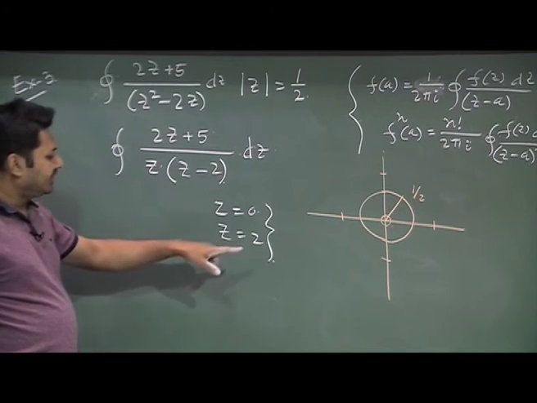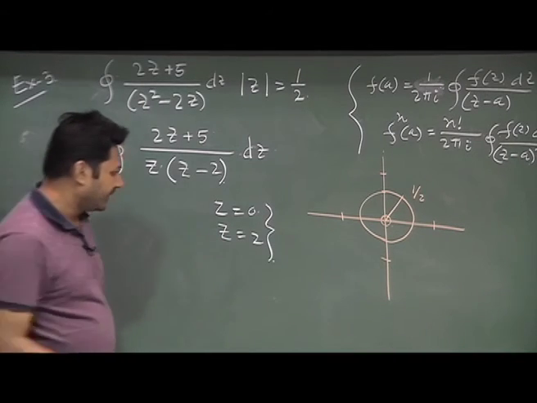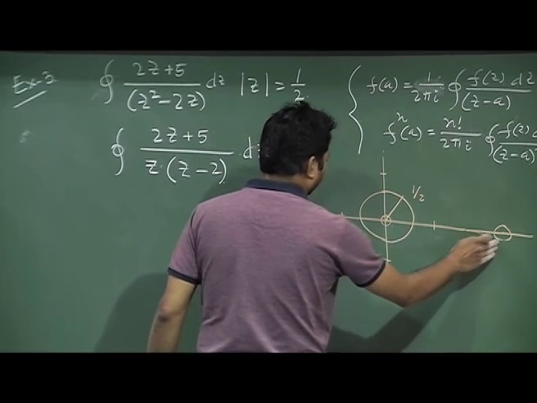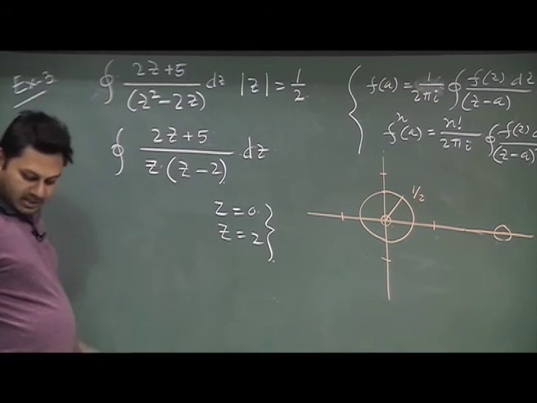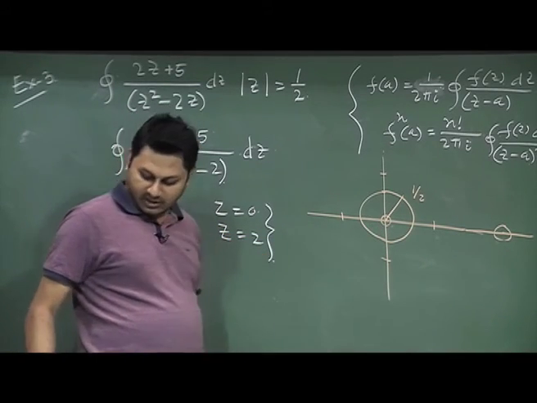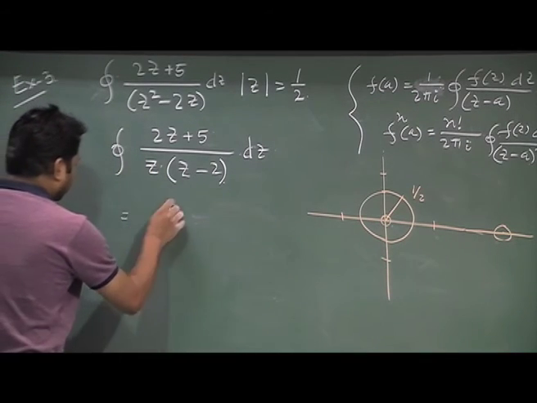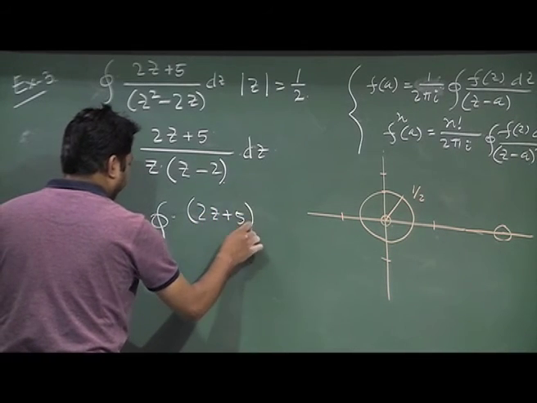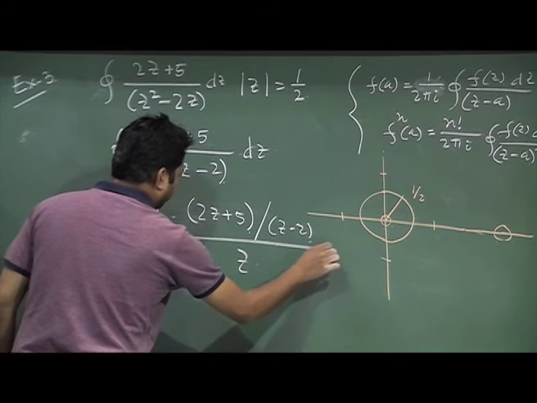But my region suggests that the z equal to 2 point is outside, somewhere here, because this is 1. So it is well outside the region, but the z equal to 0 point is inside. So I can rewrite this integration like this: 2z plus 5 divided by z minus 2, divided by z, dz.